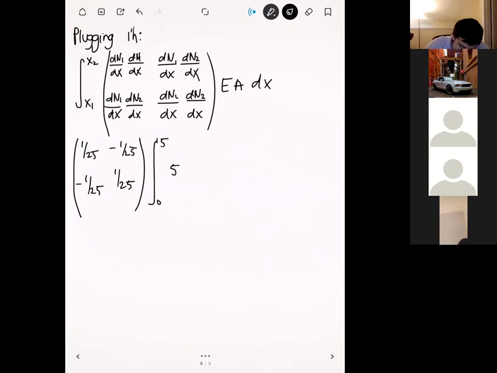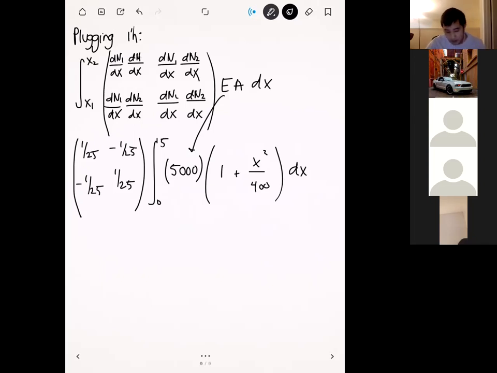E we know is 5,000 pascals. And for A, we're going to plug in our area function, which is 1 plus x squared over 400, dx. From here, all you have to do is evaluate the integral and then multiply it out.